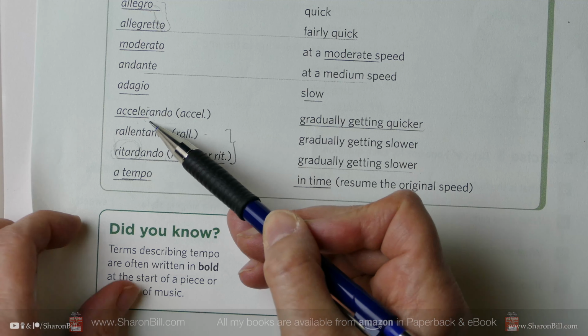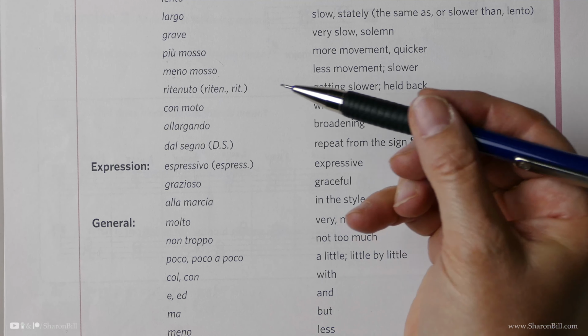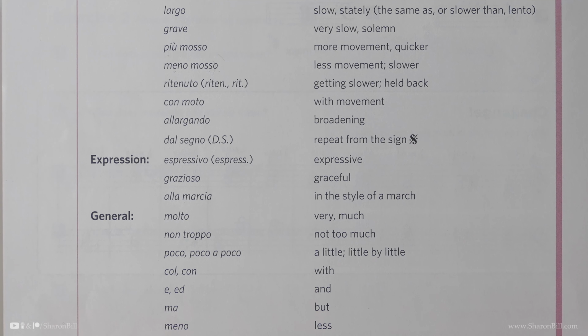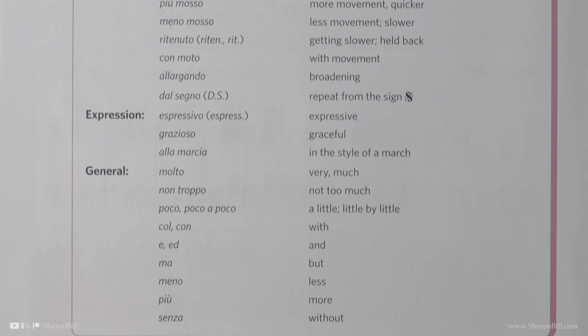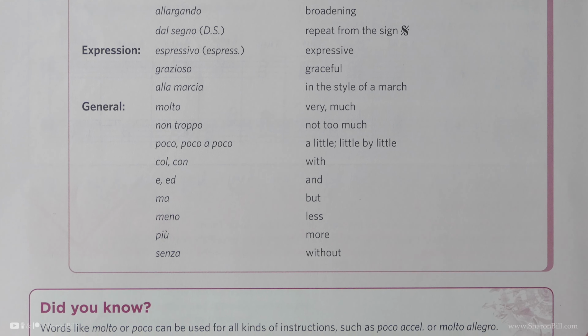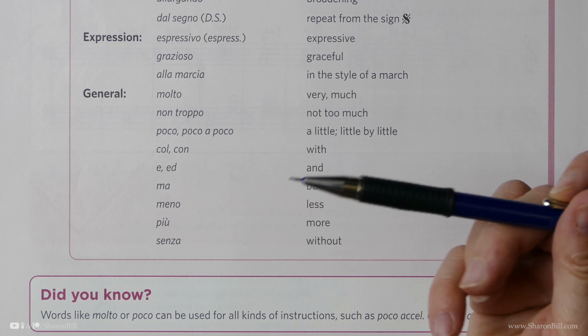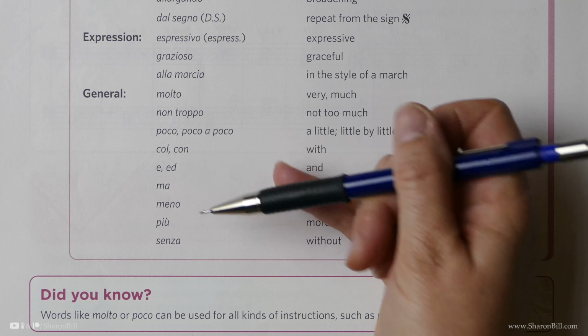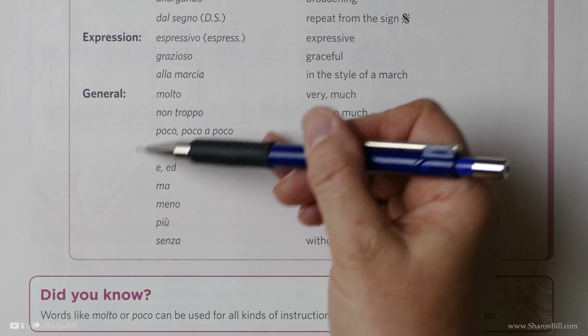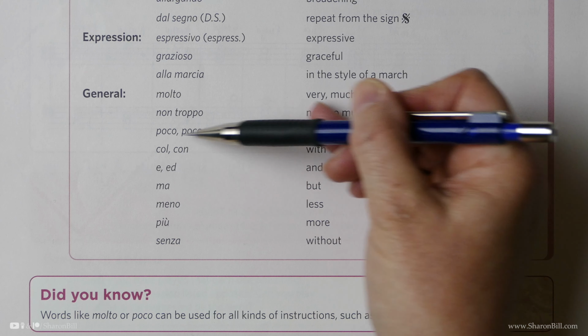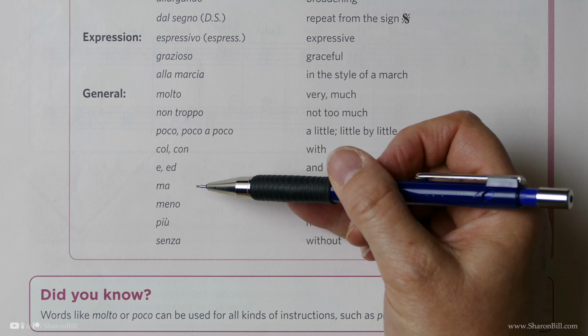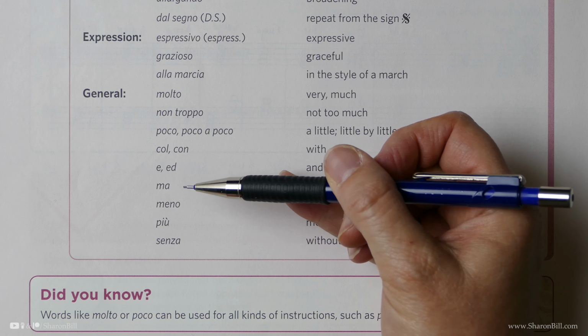So gradually getting quicker. However, it makes best sense to you. And then there will be some sort of in-between kind of words that you'll have to group in a separate section. Again, as best makes sense to you. You don't have to group it as shown here, but we've got quite a lot of linking words as well. So I do suggest that you take some time to revise these.